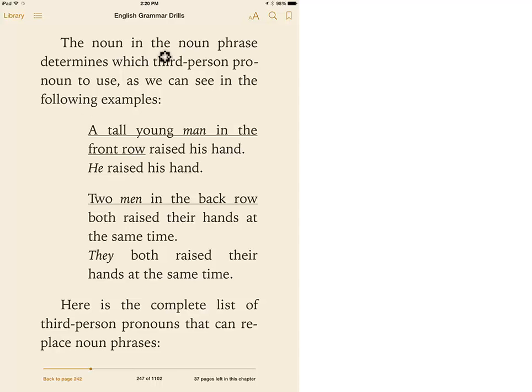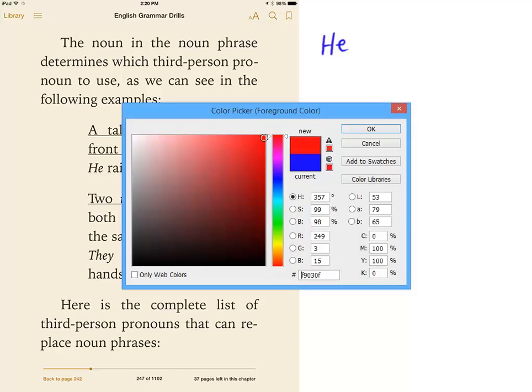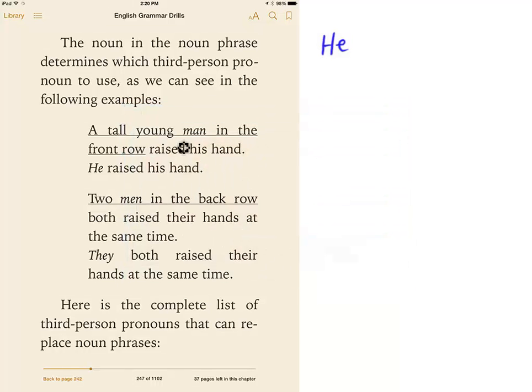It says, the noun in the noun phrase determines which third person pronoun to use. We can see in the following example. So we need to find, in this noun phrase, a tall young man. Oh, man is used, so I know that the pronoun is he. Now let's see what he replaces. Well, he obviously replaces man, okay?